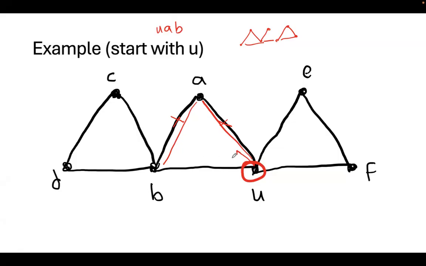Now we could go back. From here, if we wanted to go back to U, we technically could, but that's a bridge now. And so we can't take that because we've got other options. So we could go to D or up to C. I'll go up to C.